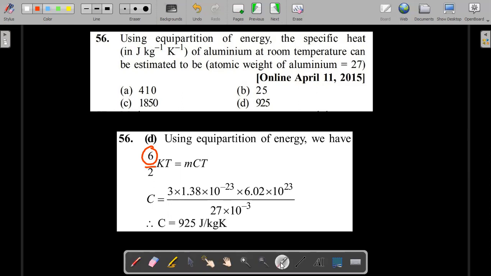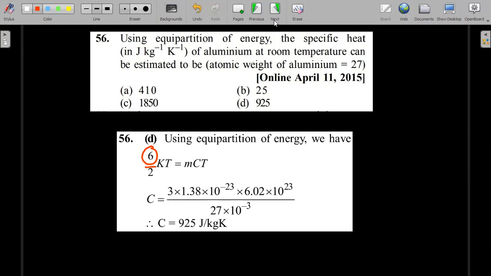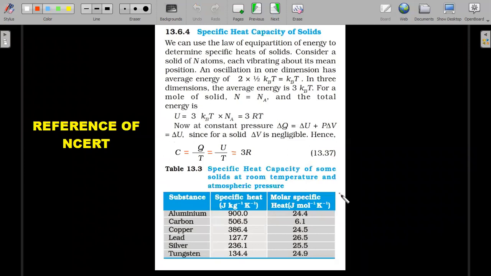So let's refer to NCERT to get more information. Specific heat capacity of solids, you could read this section. It's very clearly written that when we apply equipartition of energy to the specific heat of solids and consider a solid of N atoms, each vibrating about its mean position, an oscillation in one dimension has an average energy of 2 times kT by 2. Remember, each vibration mode has 2 degrees of freedom. That means one dimension, one mode.